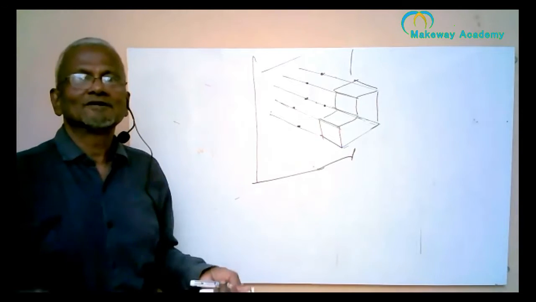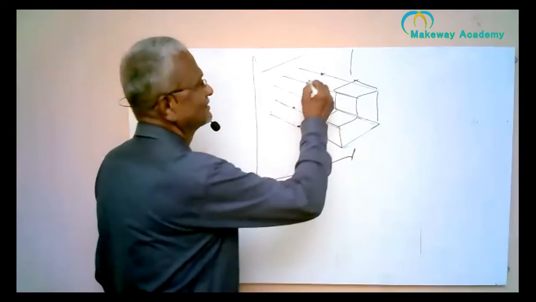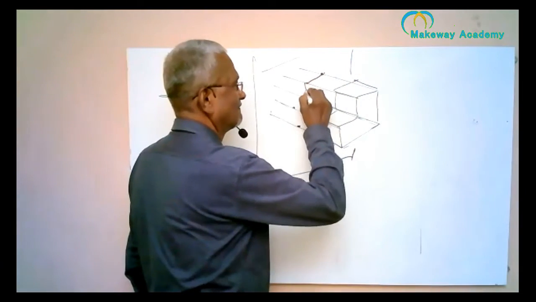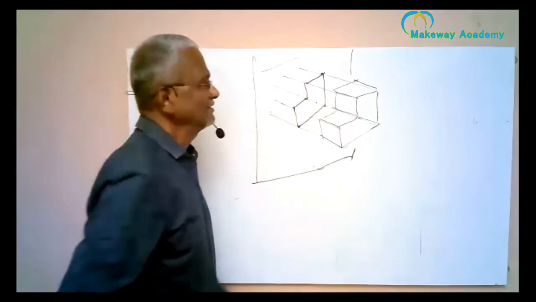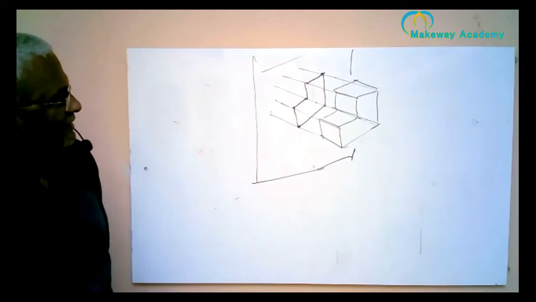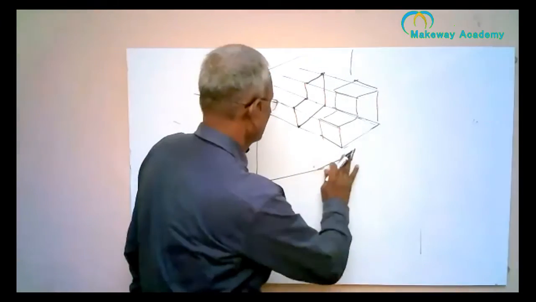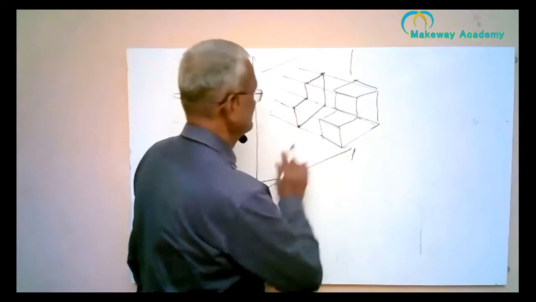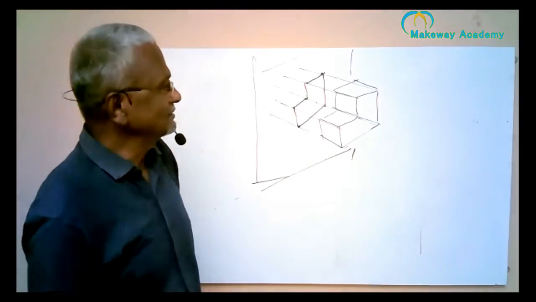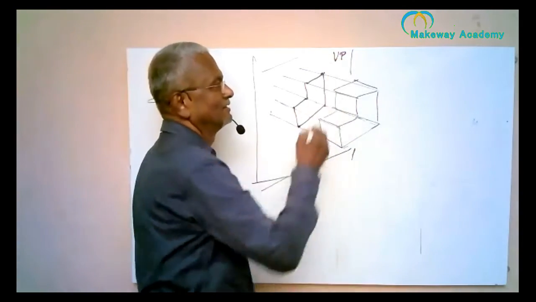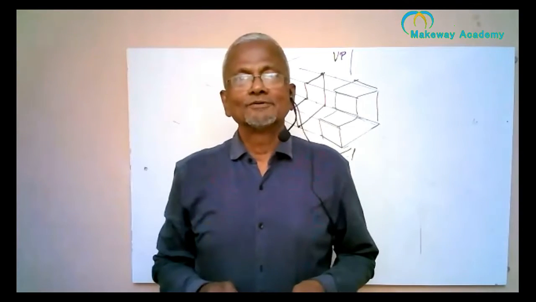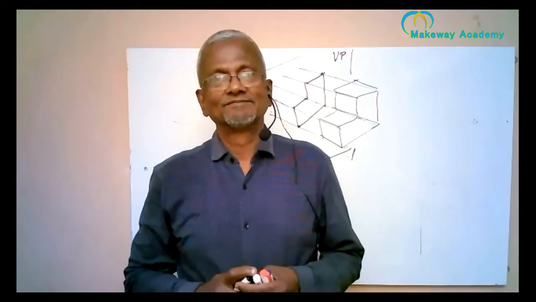Now I have to join them sequentially. So I got the projection now. I have got the projection of the object onto this vertical plane, so I call this the vertical plane. Now, I told you one projection is not enough.